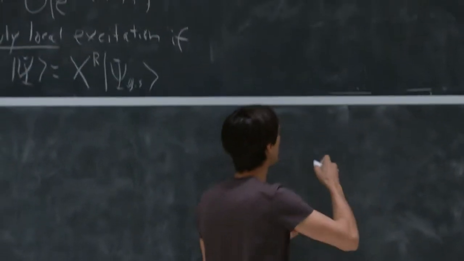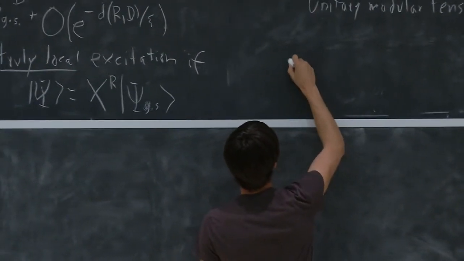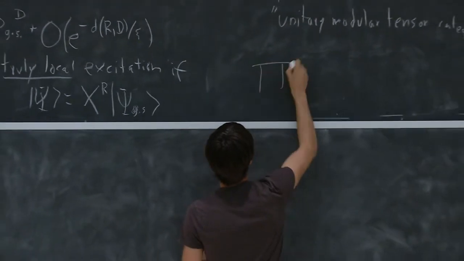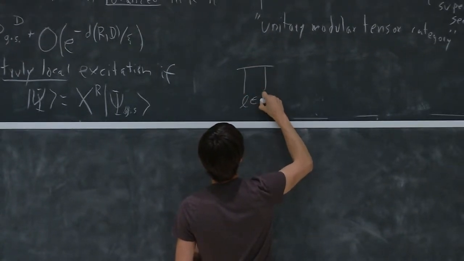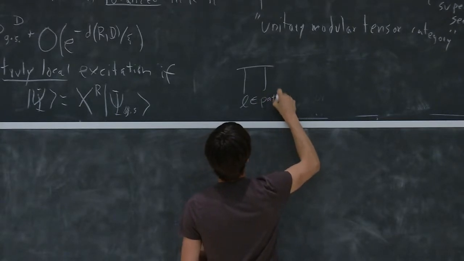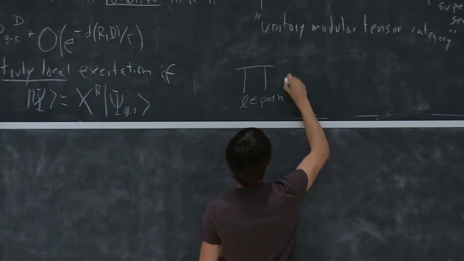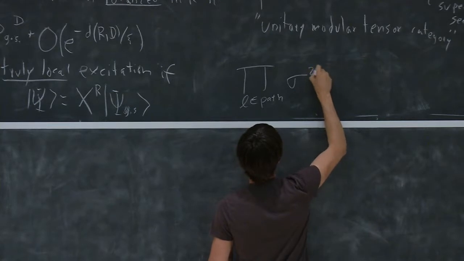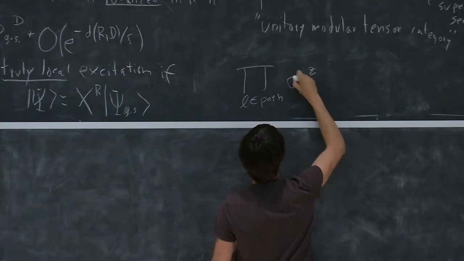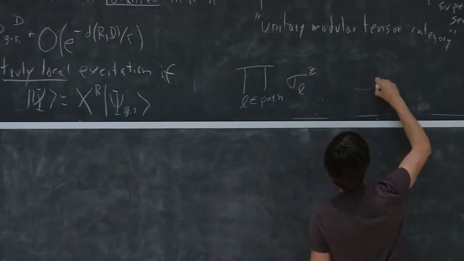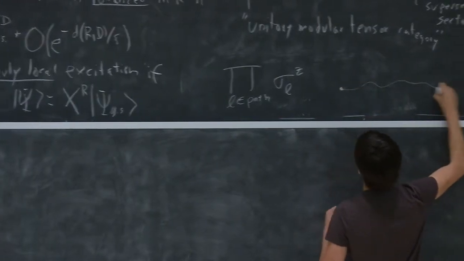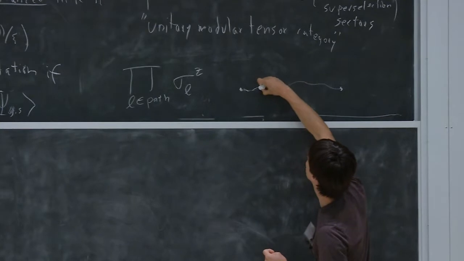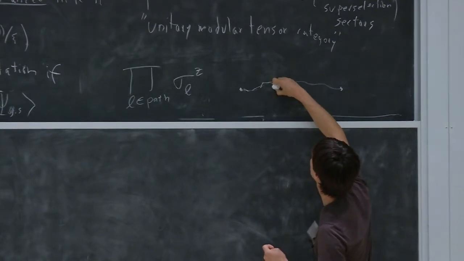So the localized ones are, consider an operator that's a product over all links L in some path of sigma Z on L. So I have some path that's very long, and I just multiply sigma Z over all the links contained in this path.